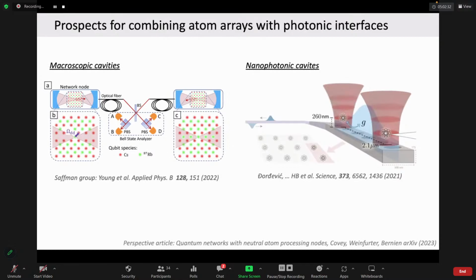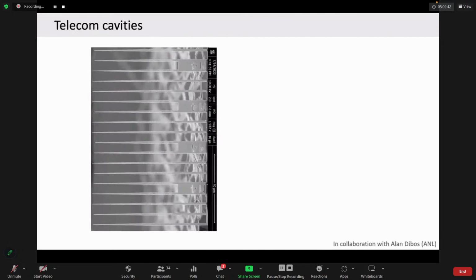You could also imagine in such a situation an array that you can then interface with these nanophotonic crystals. This is very inspiring to us, and we are continuing down this route now, actually operating at telecom wavelengths, to really enable long distance entanglement distribution.